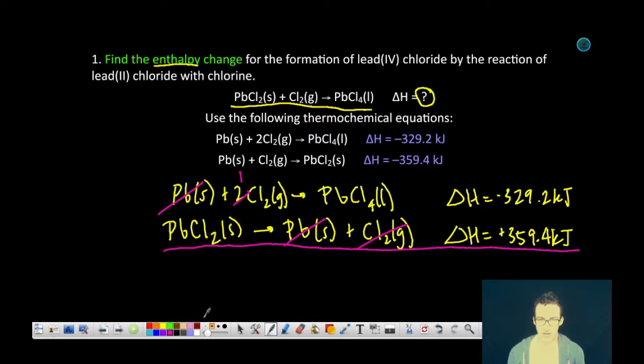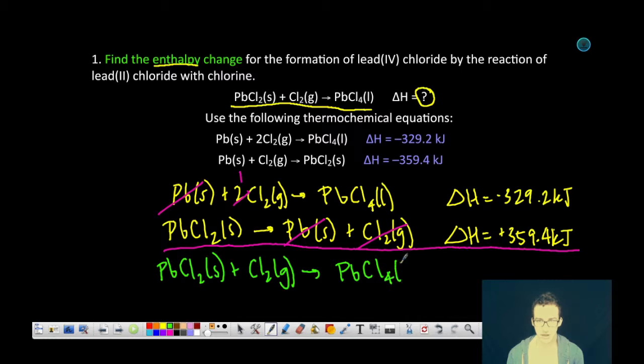And so ultimately, I'm left with overall on the reactant side, PbCl2 in the solid state plus 1 mole of chlorine gas to form 1 mole of lead-4 chloride in the liquid state, which is the reaction that I'm looking for.